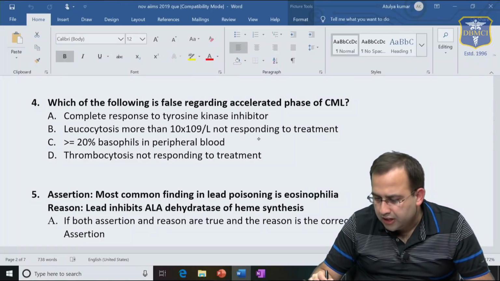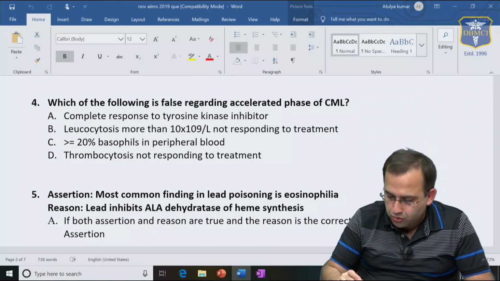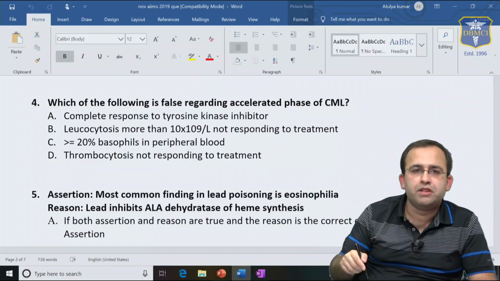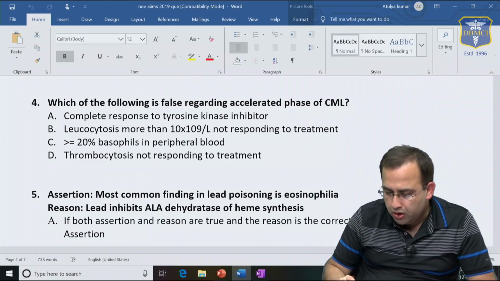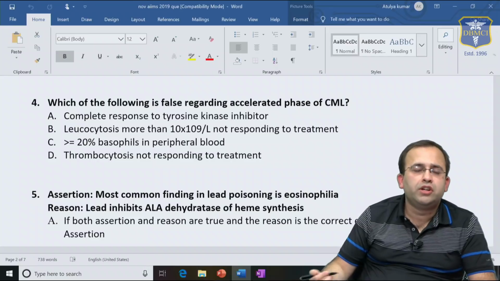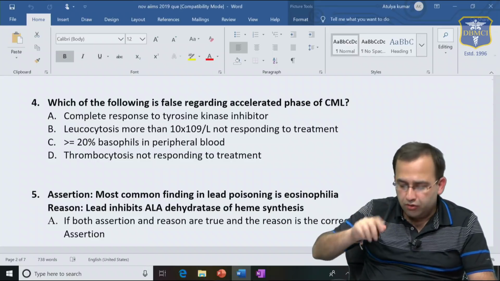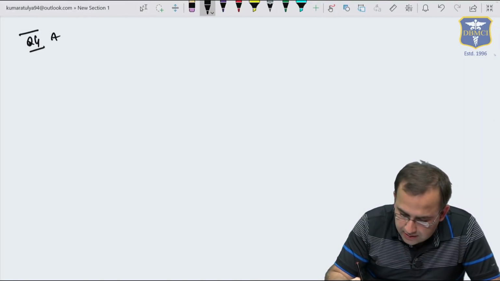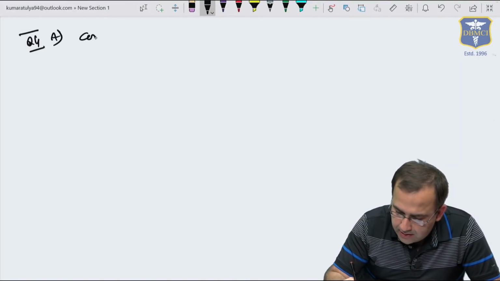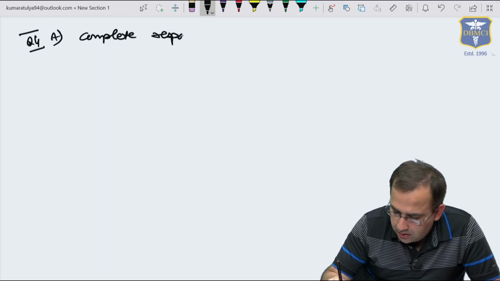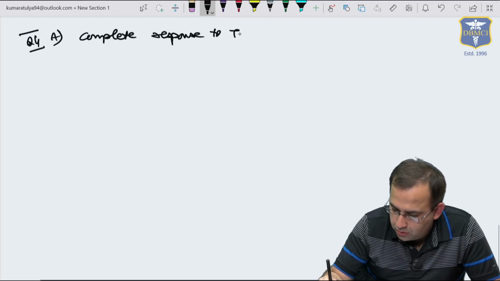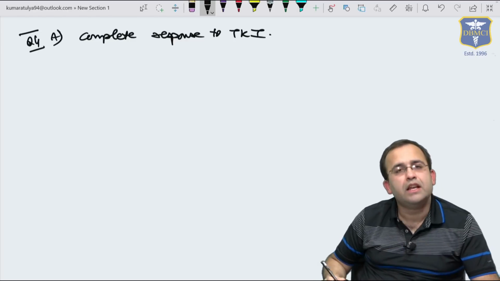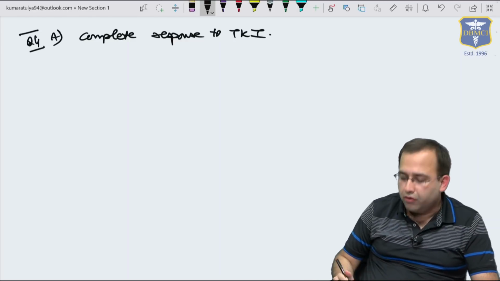Leukocytosis more than 10 lakh not responding to treatment, this is true. More than 20% basophils in peripheral blood, true. Thrombocytosis not responding to treatment, true. Which is false? 1. So question number 4, the answer is A. A pretty easy, straightforward question.